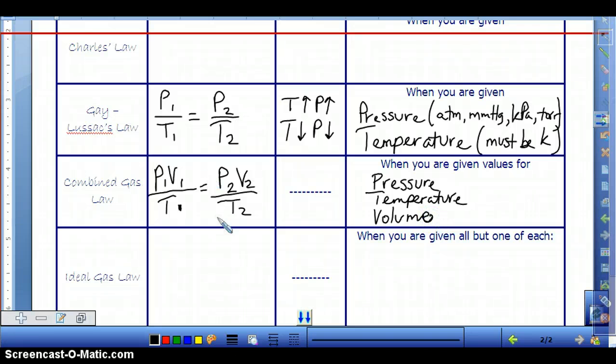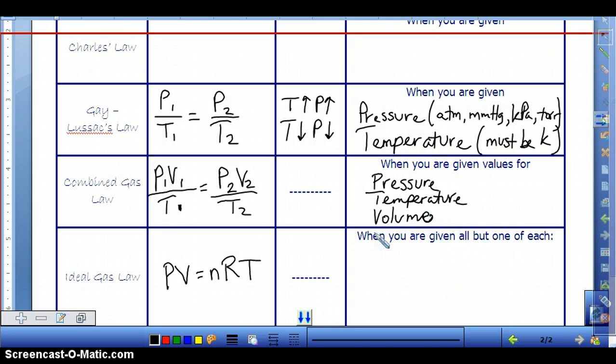All right, so we've got our fifth law now, the ideal gas law, and that equation combines all of your variables as before, except this time you can't have two pressures. You can only have one pressure and one volume. N now stands for number of moles, R is a constant, and T is a temperature. For how do I know when to use this equation? When you are given all but one of each.